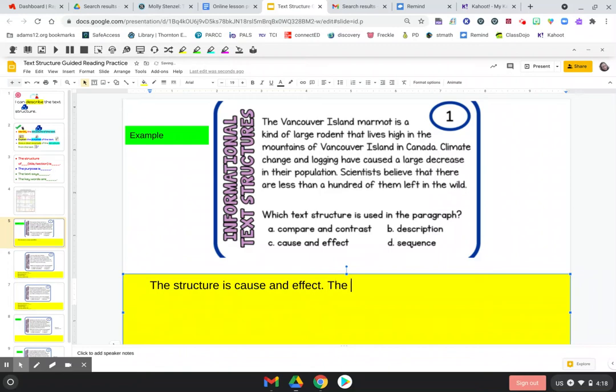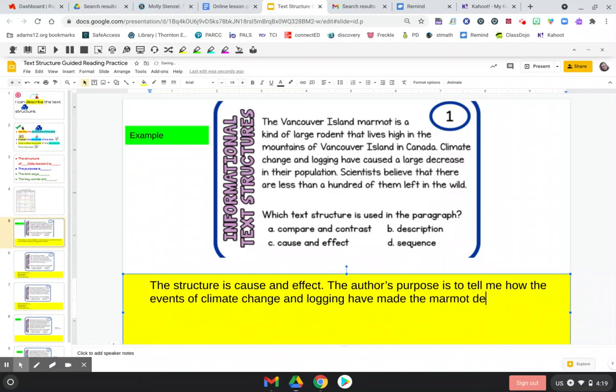So the author's purpose is to tell me how the events of climate change and logging have made the marmot decrease in population.